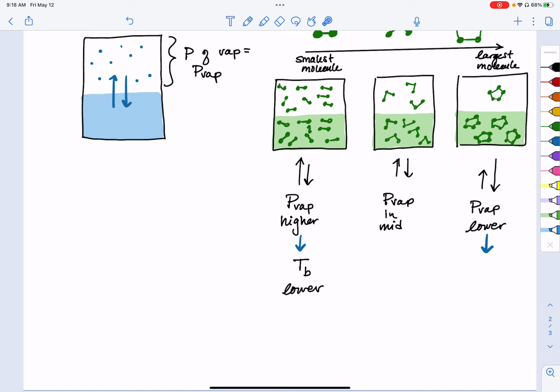So because we require more heat energy in order to vaporize everything, our boiling point is going to be higher, meaning that in the middle here, this particular little substance is going to have some boiling point that is in the mid-range compared to the other two.